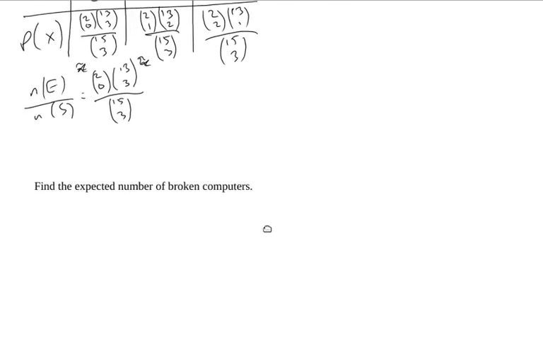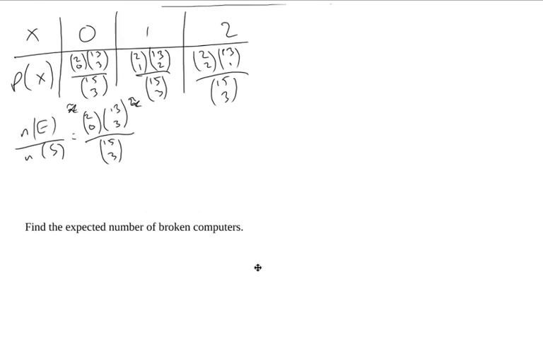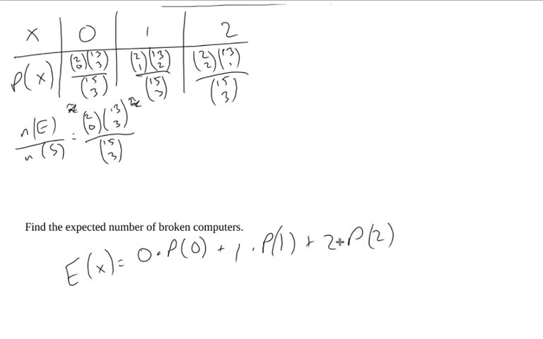Find the expected number of broken computers. To find the expected number of broken computers, this is not binomial, so I don't have any shortcuts. I need to just walk through my expected value formula. 0 times the probability of 0 broken computers plus 1 times the probability of 1 broken computer plus 2 times the probability of 2 broken computers.